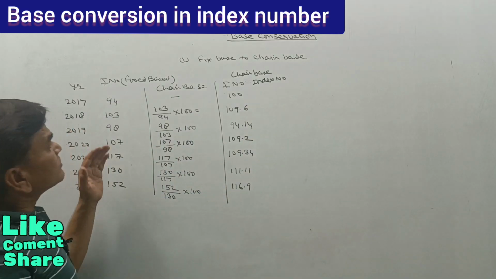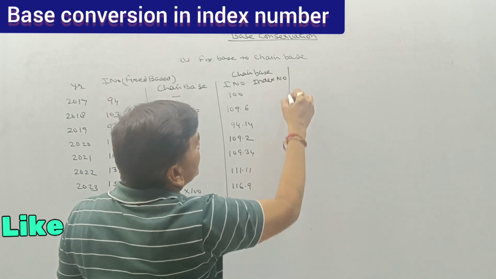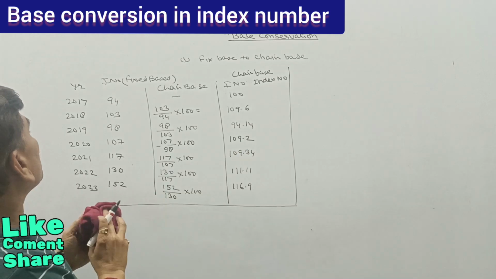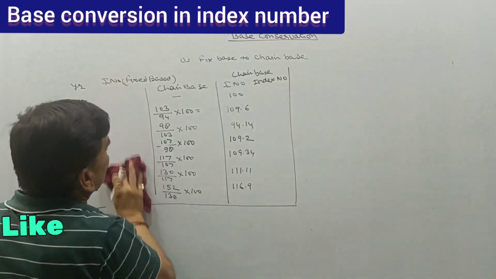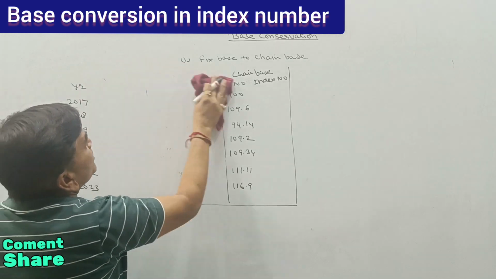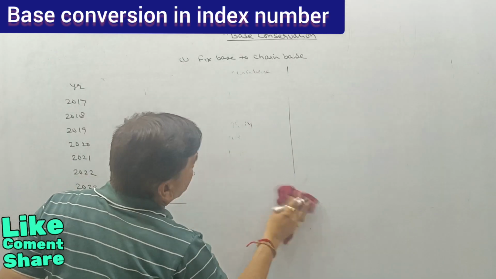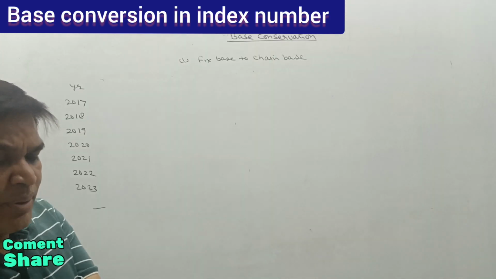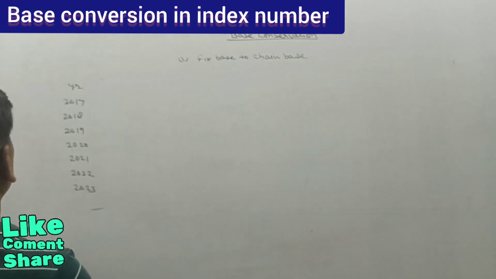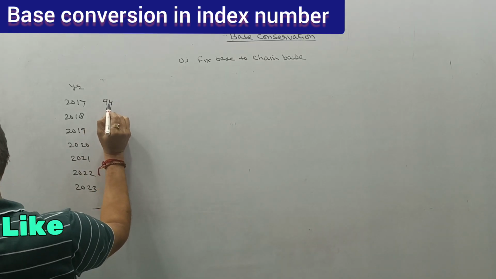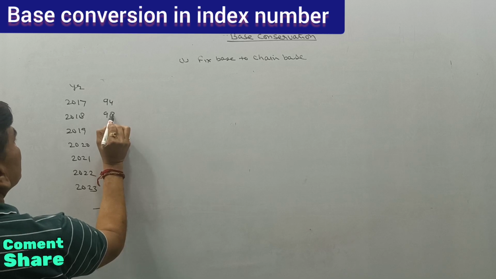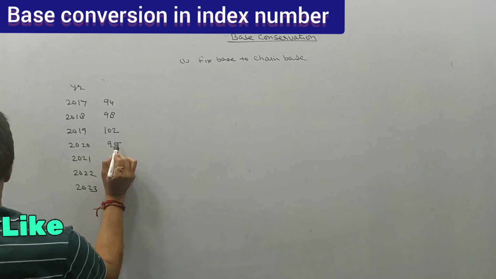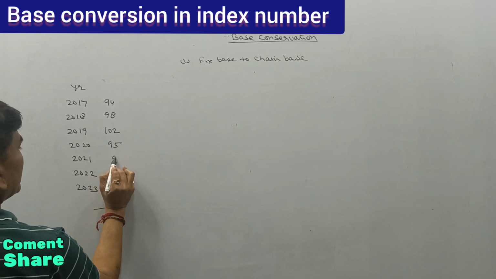So it's very easy. You now know how to calculate the chain base index number if the fixed base index number is given. I am giving another question for practice. This question is from an examination paper of Rajasthan University, Jaipur. The numbers are 94, 98, 102, 95, 98 and 100.